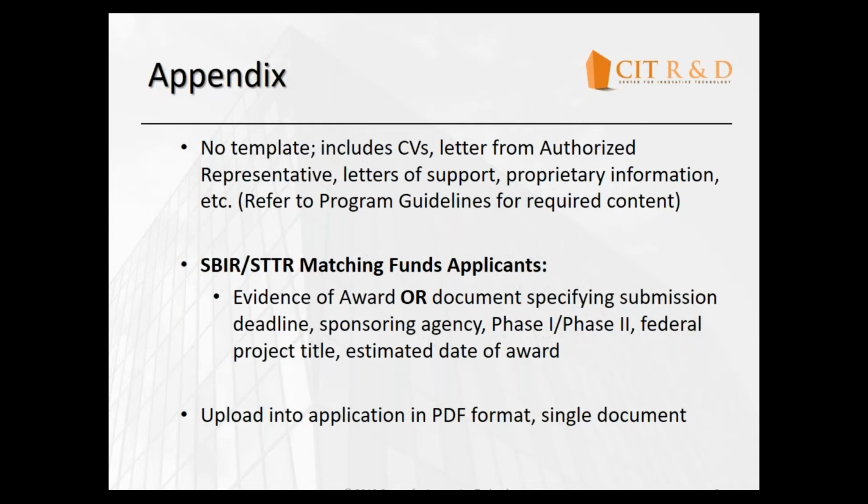If you're applying to CRCF before a decision has been made regarding your federal award, we request that you provide a document detailing the submission deadline, the sponsoring agency, whether it's a phase 1 or phase 2, the project title of the federal award, the requested award amount, and the estimated date of award. If you're providing a screenshot of the submission, please make sure the information is legible.